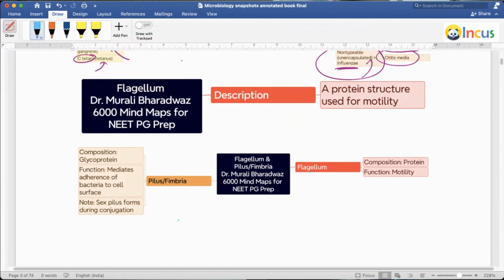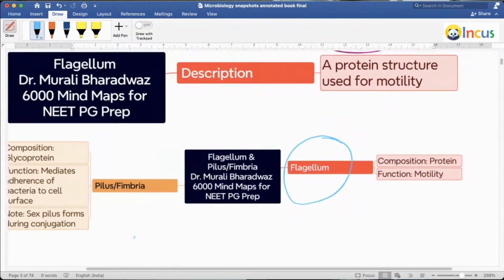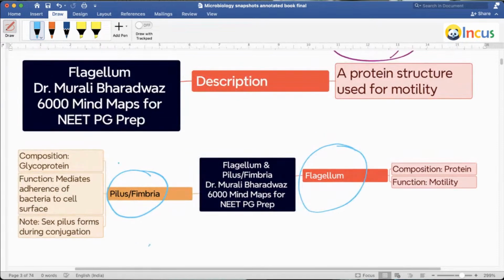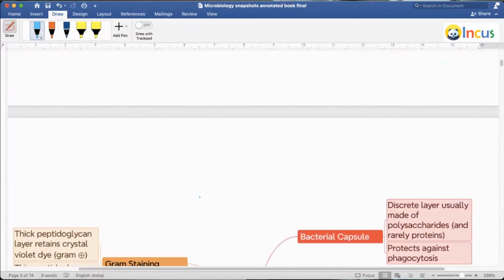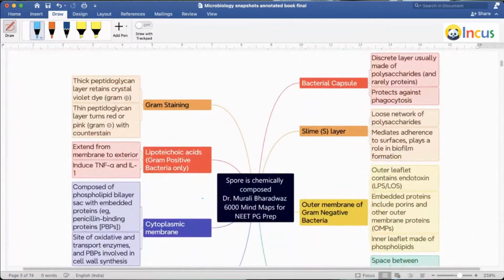Now, other than flagellum there is pilus and fimbria. Pilus and fimbria have glycoprotein, unlike flagellum which has only protein. Pilus and fimbria mediate adherence of the bacteria to the cell surface. And the sex pilus is important for conjugation is what you need to remember.